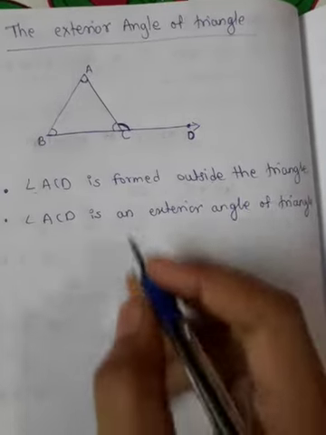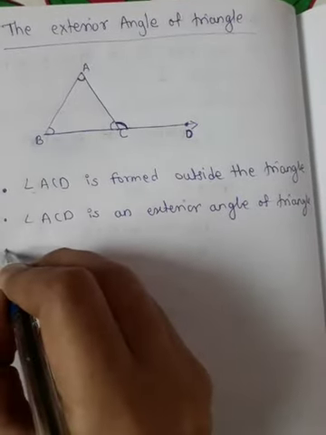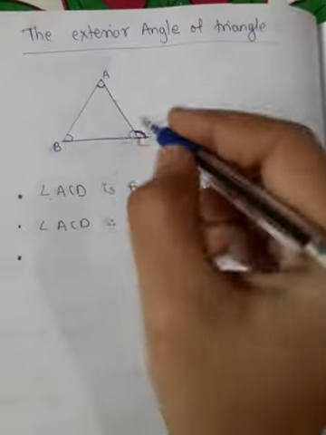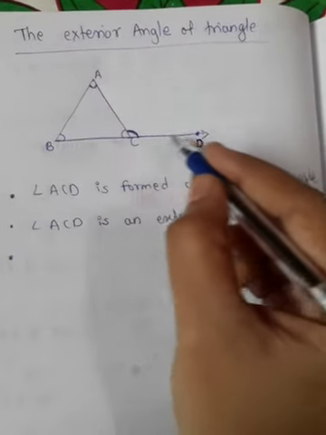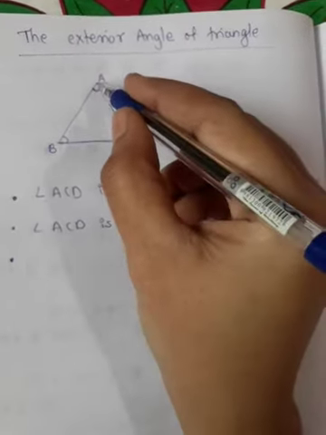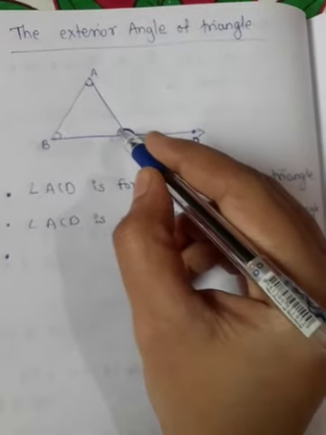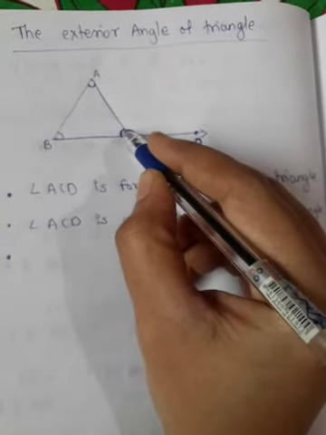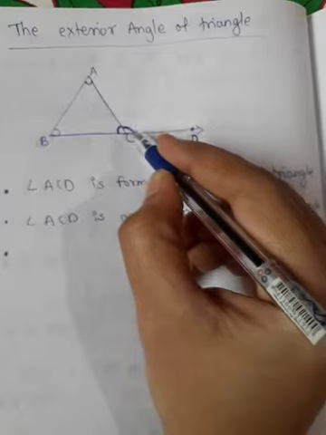One more thing you can observe: angle ACD is exterior, and angle ACB is adjacent to this exterior angle.